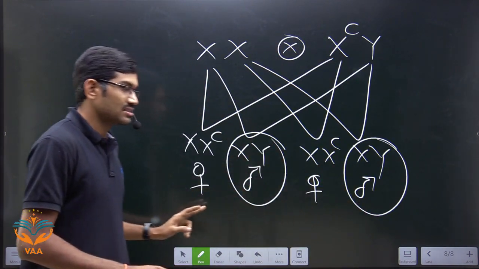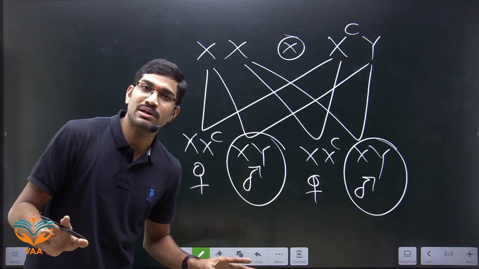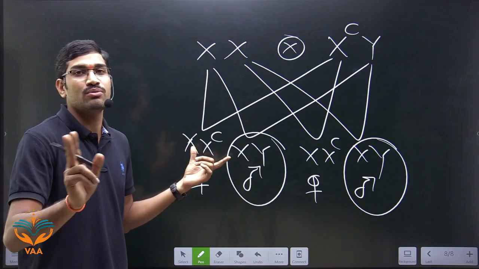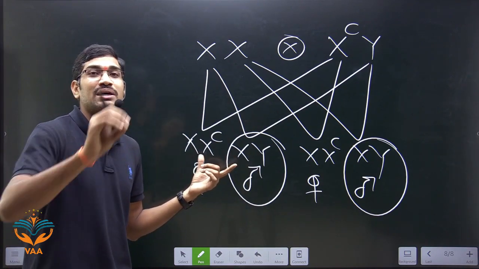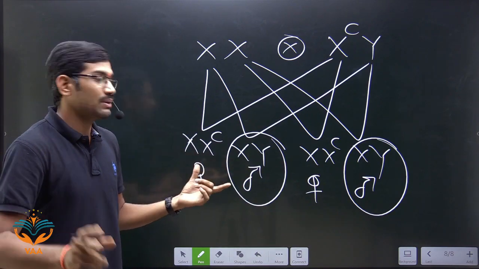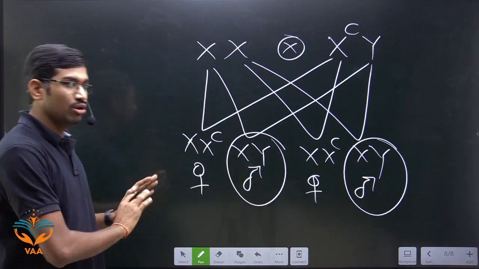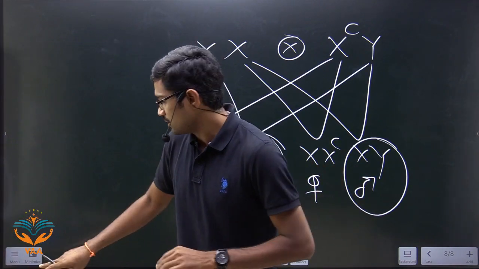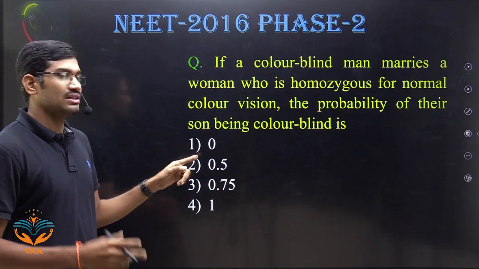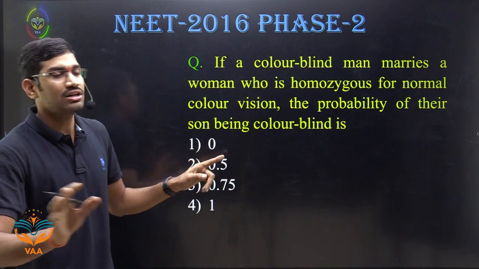Then what about the daughters? Daughters are also not colorblind. Please remember, some students think that the heterozygous condition is also colorblind. No, they are genotypically heterozygous. We call them carriers, but phenotypically they are normal. So in this generation, no one is colorblind. All of them are normal phenotypically. Yes or no? So what is the answer for this one? It is 0. Sons are not colorblind.